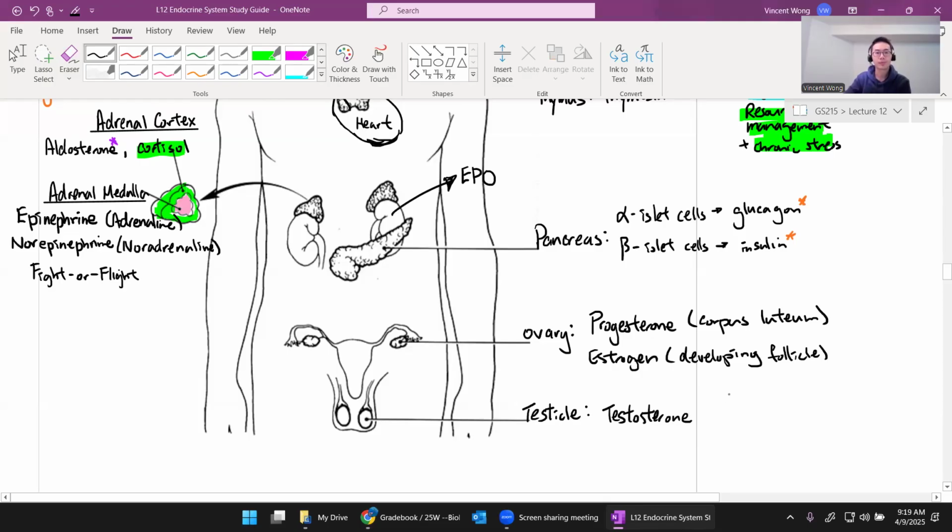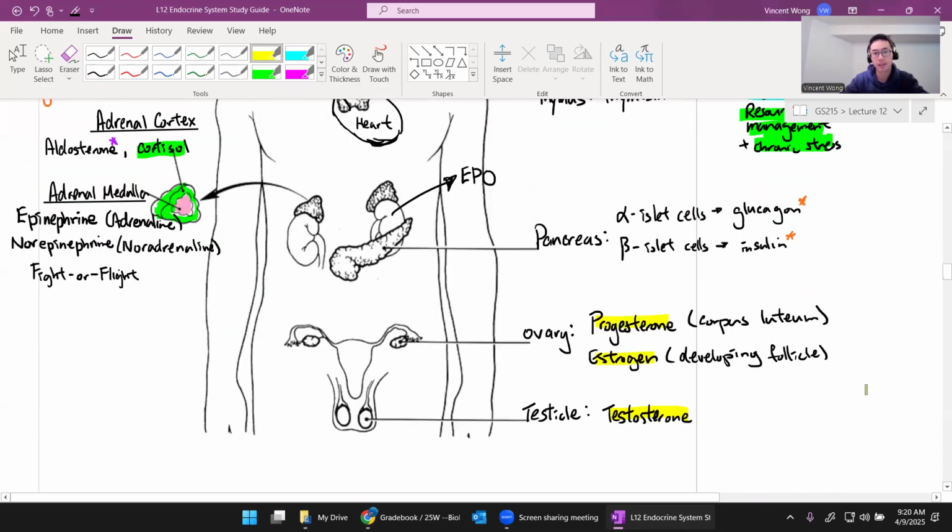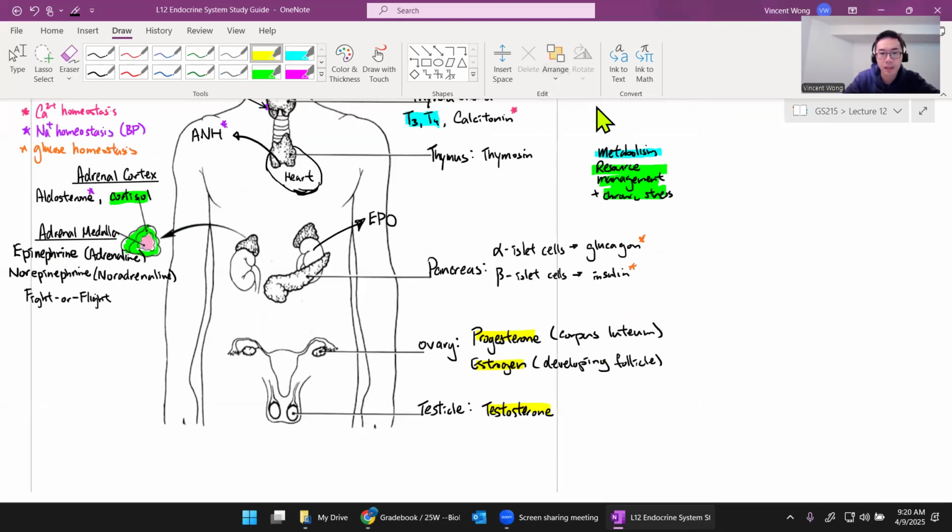Right, testosterone. So I'm going to highlight these three just to match with the GnRH and the FSH here. And when you're ready, I guess you can add a third color here for reproductive system.